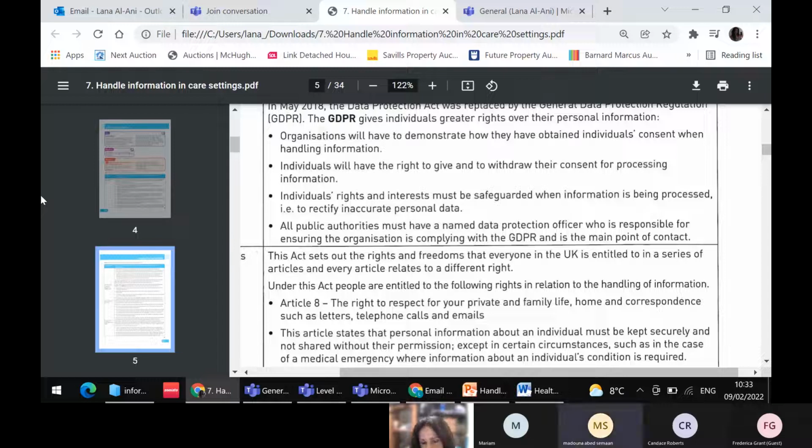So who's going to get the blame? No one. That's why the government wants a certain person to be responsible in front of the government if something like this happened. So every care home needs to have a named data protection officer. Is this understood so far?